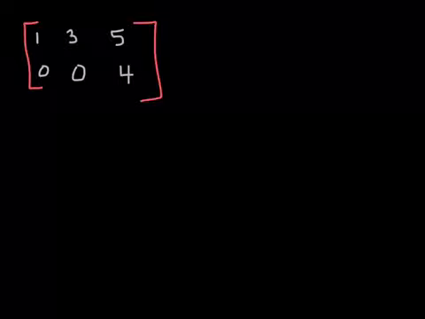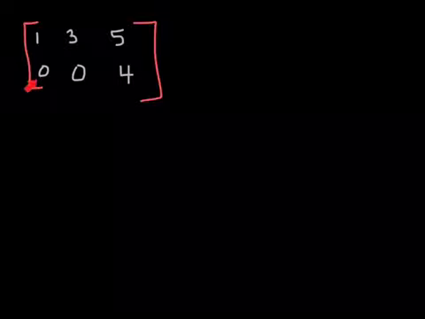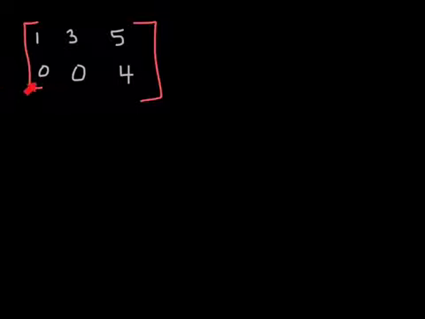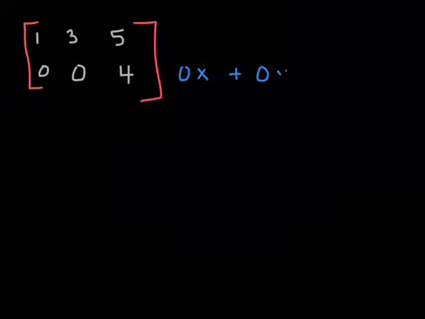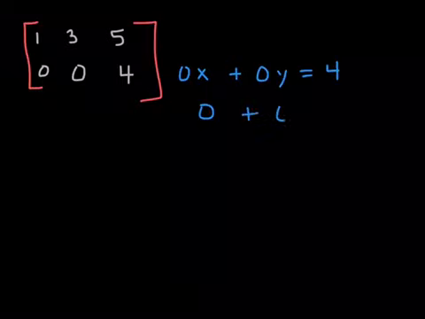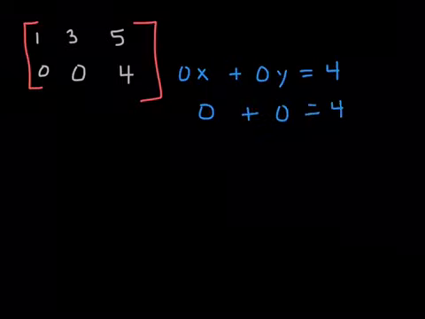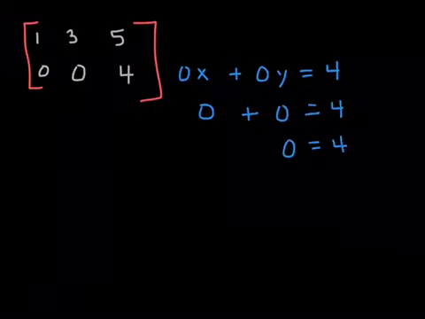Look at that last row here. What would this mean as an equation? Well, that second row would say 0x plus 0y is equal to 4. In other words, 0 plus 0 is 4. In other words, 0 is equal to 4, which is a contradiction.